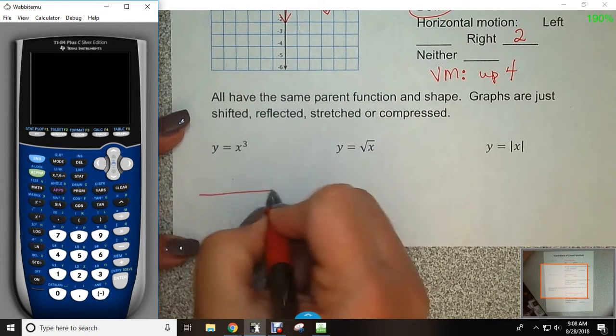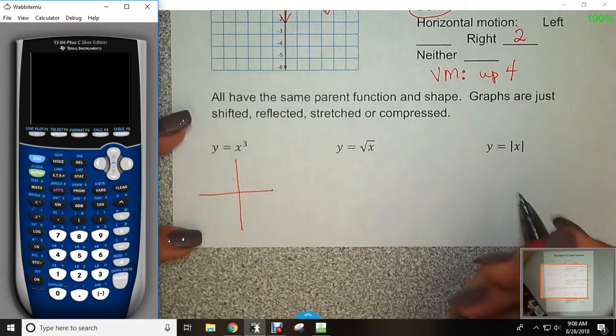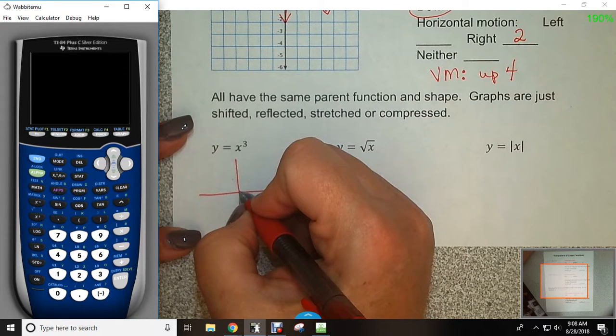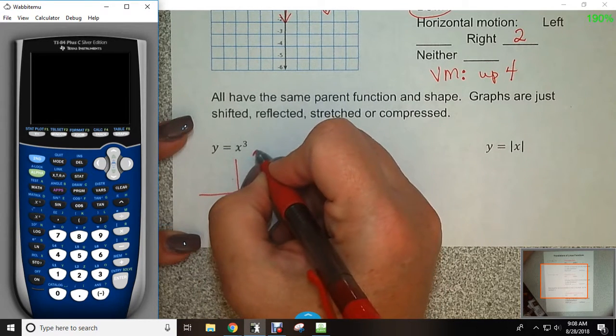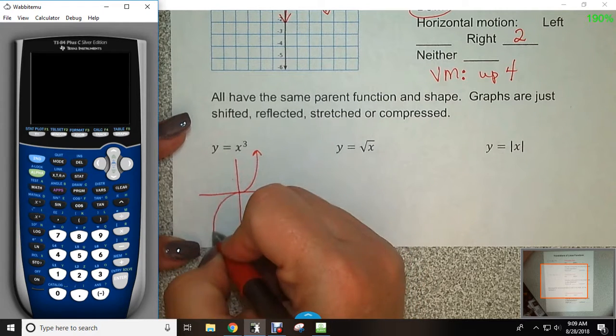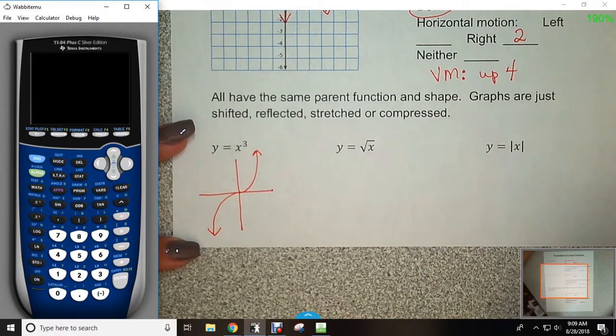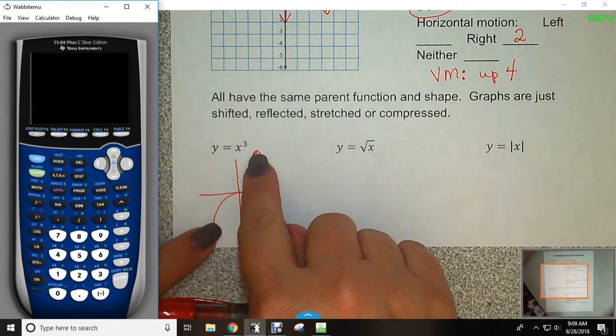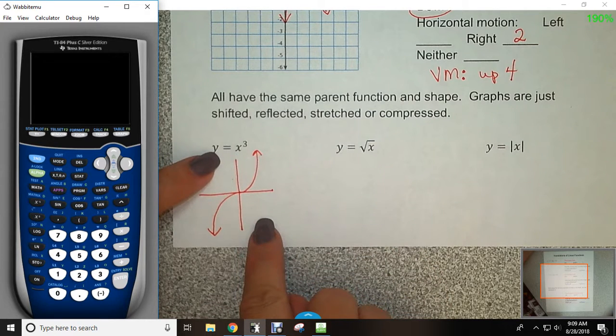So when you have a cubic function, an x cubed, here's the way it looks. It's going to go up on the right hand side and it's curving down on the left hand side. Okay, if that is a negative x cubed, these two things are going the opposite direction.